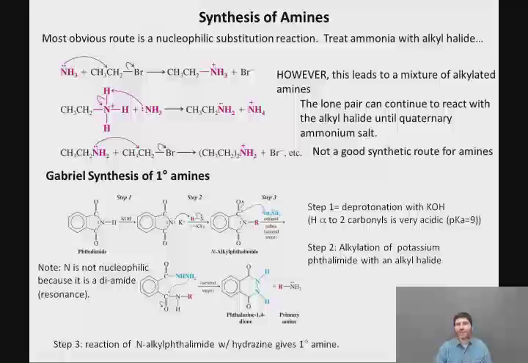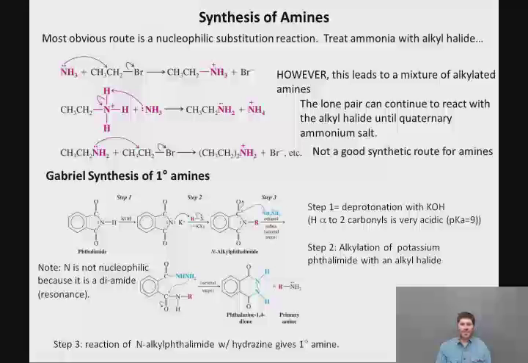And that reaction with hydrazine is very good because hydrazine, having two nitrogens on it, is a very nucleophilic amine. Okay, so that's the Gabriel synthesis for you.